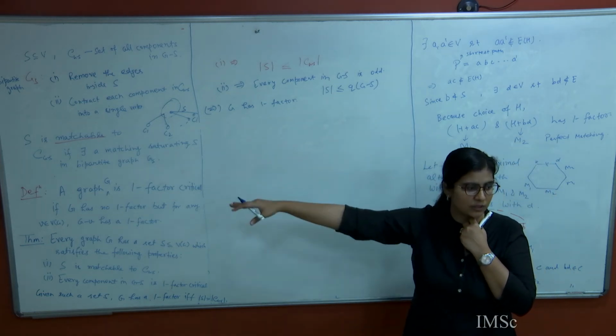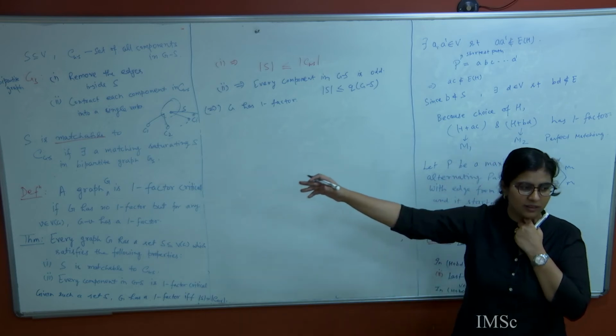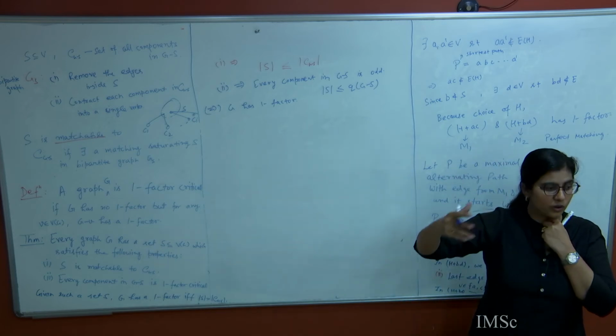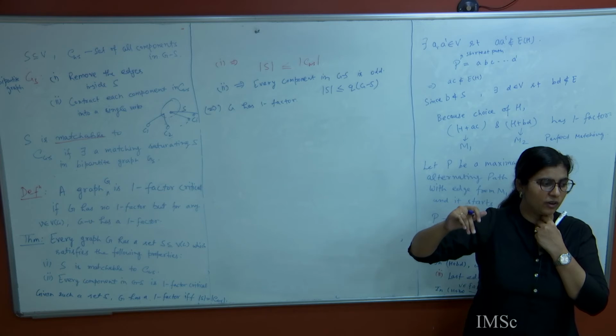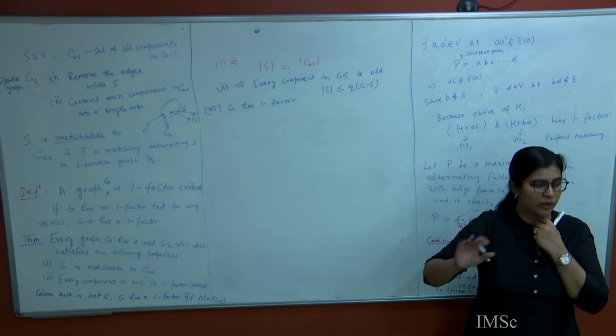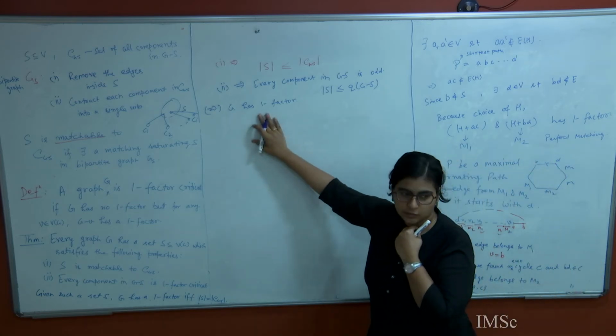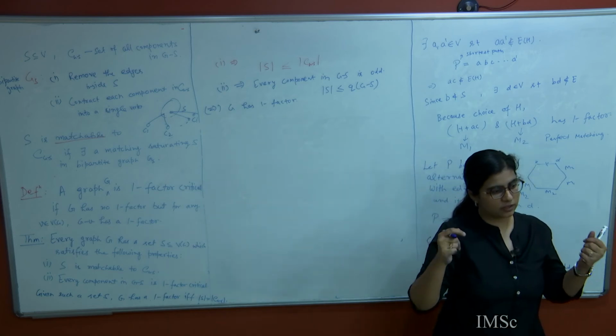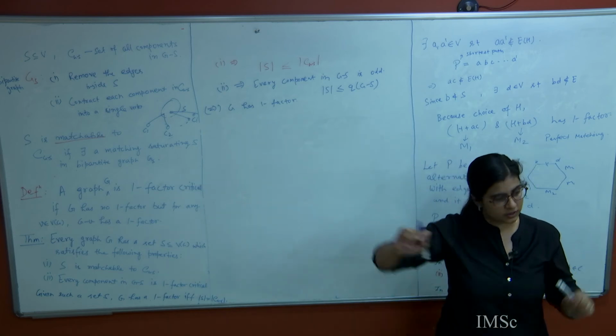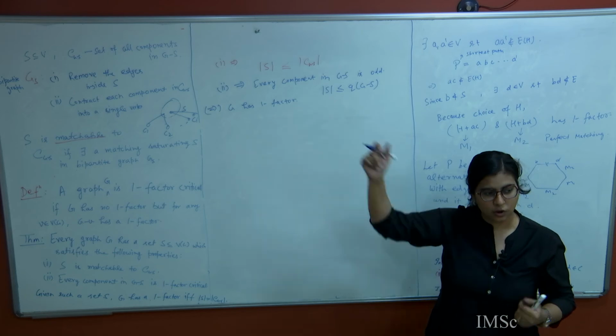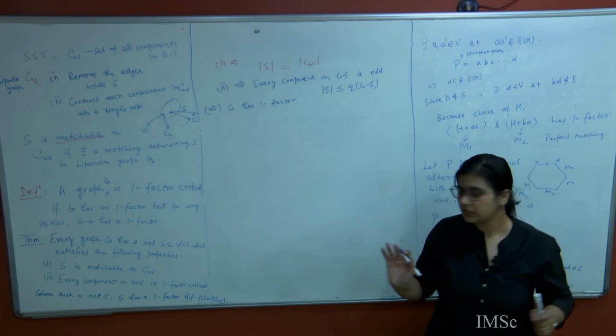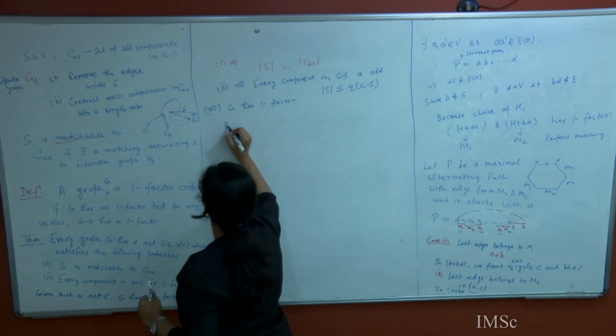We saw Tutte's theorem, right? The number of odd components of G − S is upper bounded by the cardinality of S. Because G has a one factor, every subset satisfies Tutte's condition, so this set also satisfies Tutte's condition.